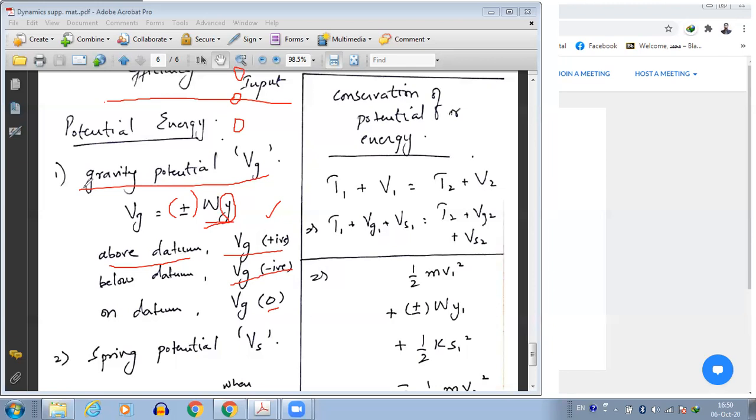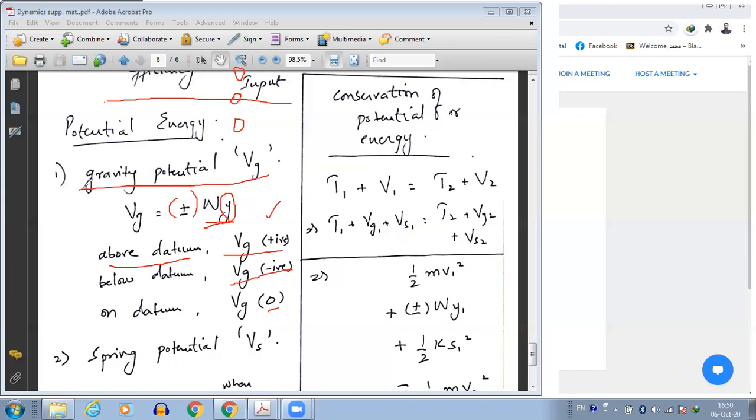When we were talking about the work of gravity, which we discussed in chapter 14, part 1, if the object was moving up, that was negative. When the object was moving down, it was positive. That was the work of gravity. But here, we're talking about the gravity potential, not the work of gravity.